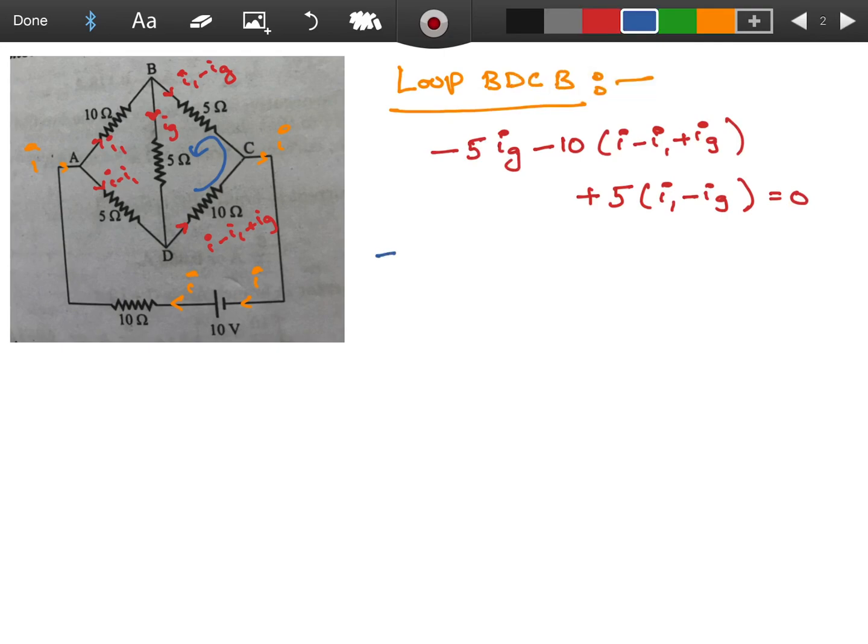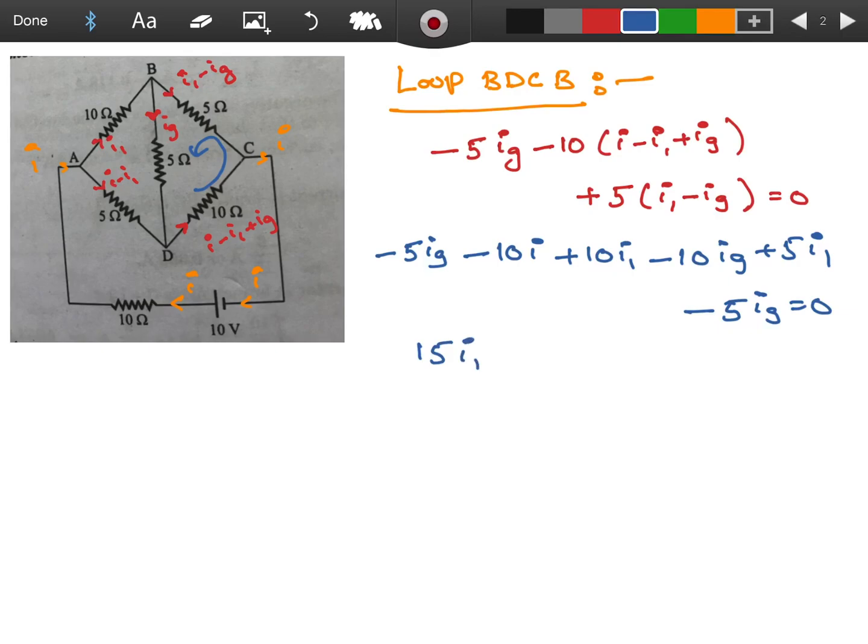Next line. Minus 5IG minus 10I plus 10I1 minus 10IG plus 5I1 minus 5IG equal to 0. Then how many I1 terms are there? 15 I1. How many I terms are there?